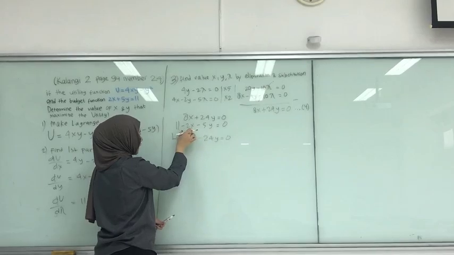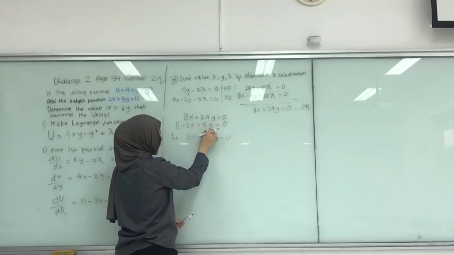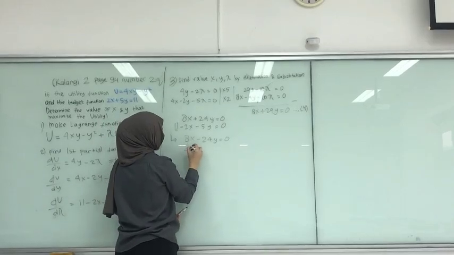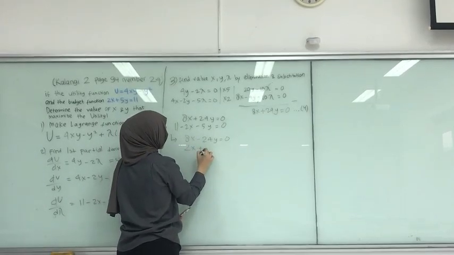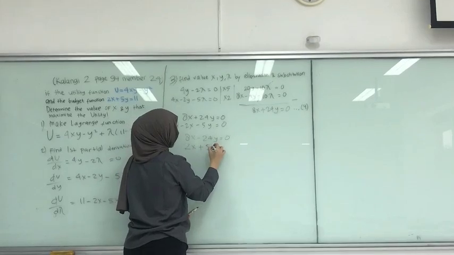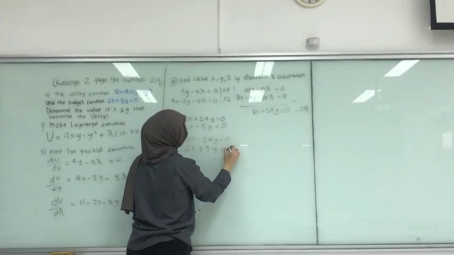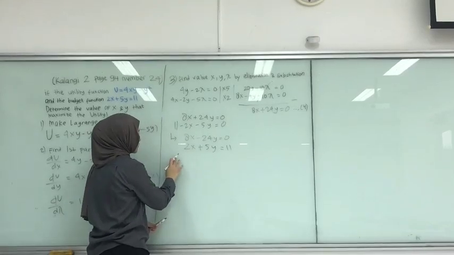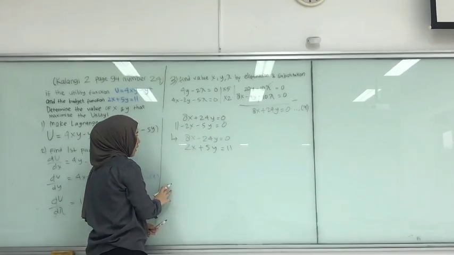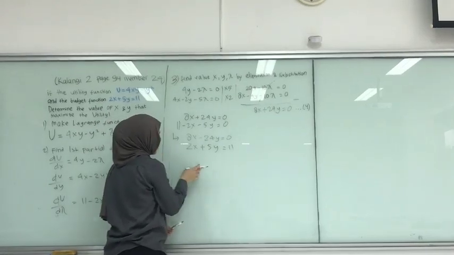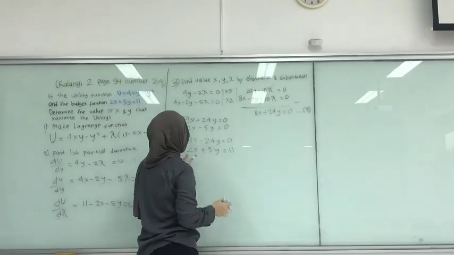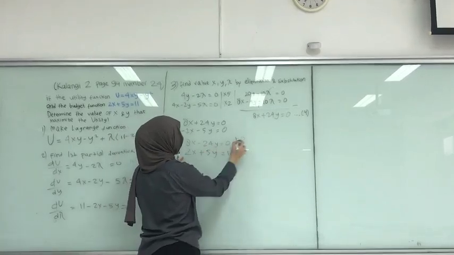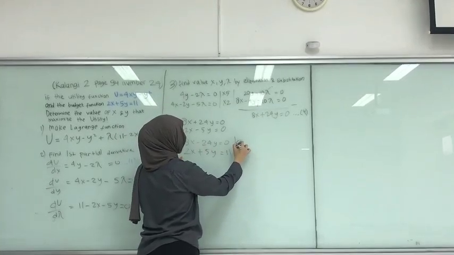So this, we're going to move the minus 2x minus 5y into the left side. So it's going to be positive like this, right? And then we're going to make the x have the same constanta.